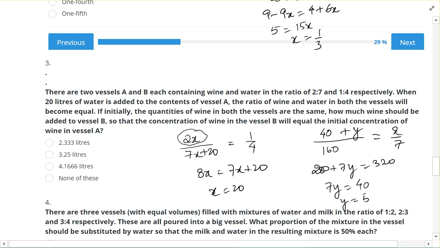Y is equal to 5.714 liters. So none of these.